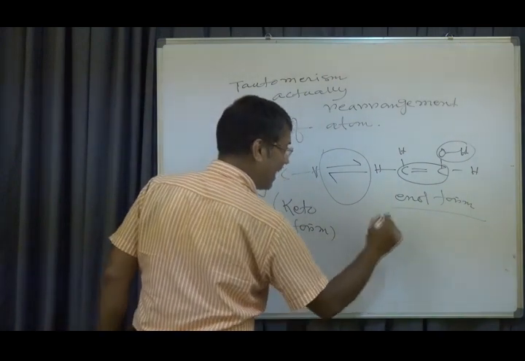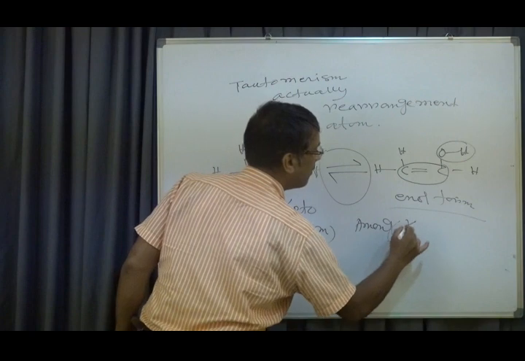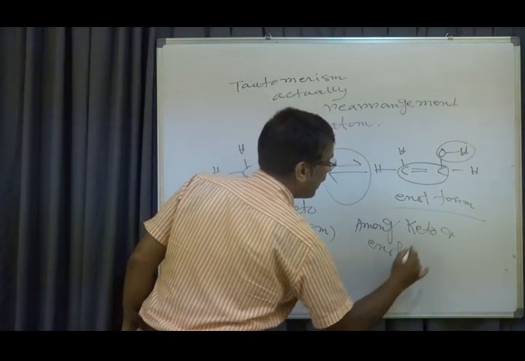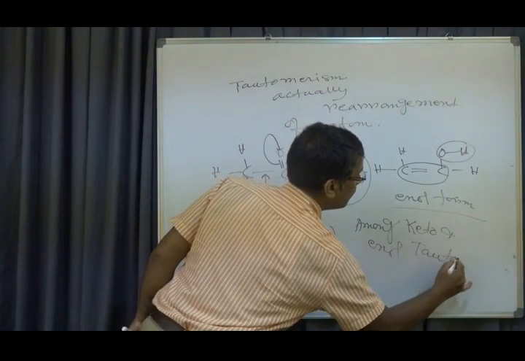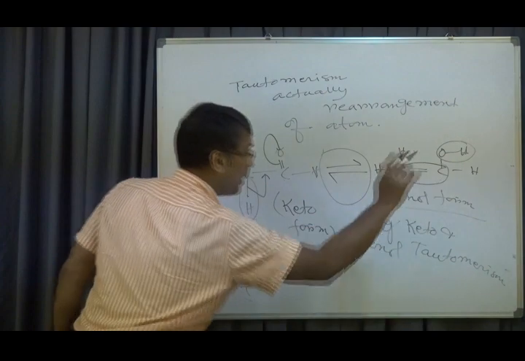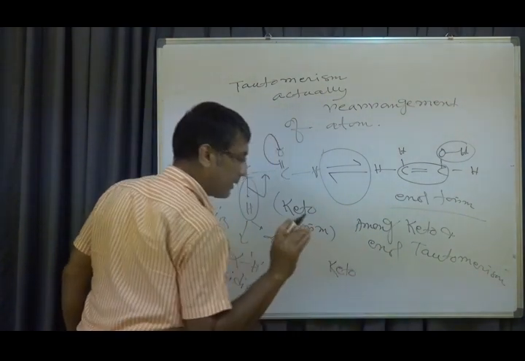Generally among keto and enol tautomerism, the keto form is more stable.